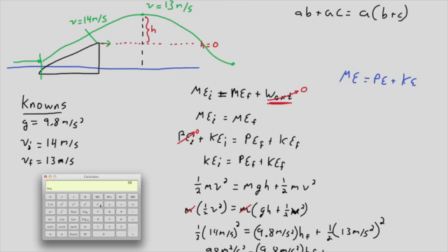And then we'll see what the next one is. So here, 13 squared is going to be 169 meters squared per second squared. Oh, and I see that I got a little, that shouldn't be there. And then multiply that by 1/2, and you're going to see that you get 84.5.